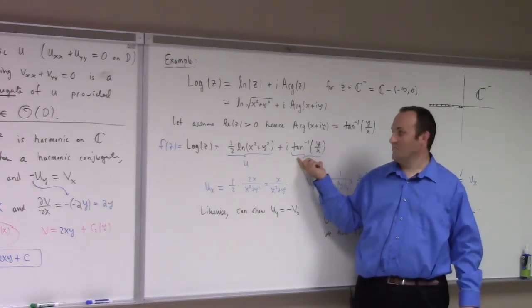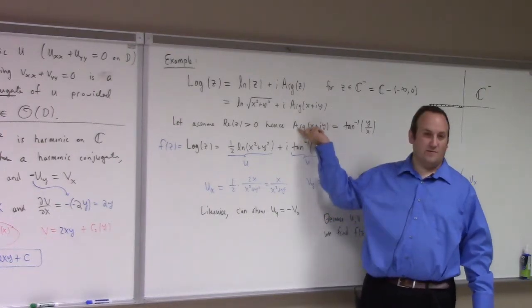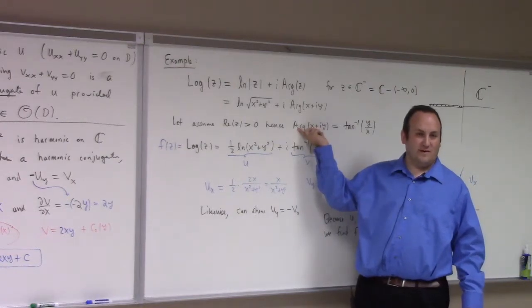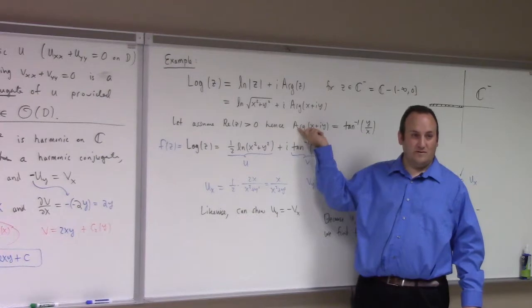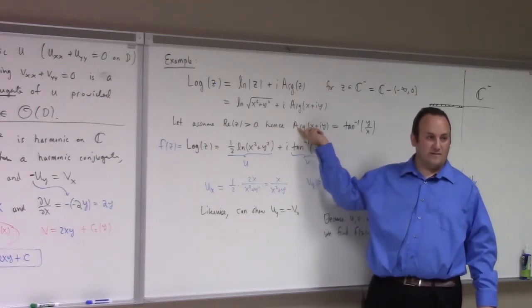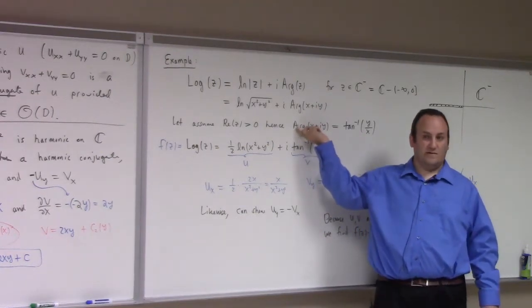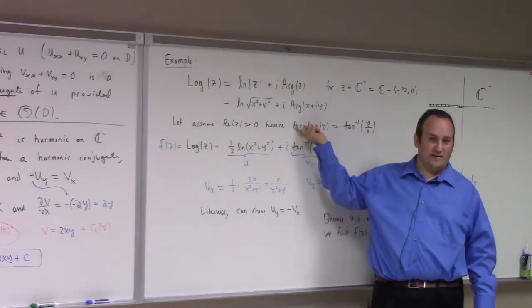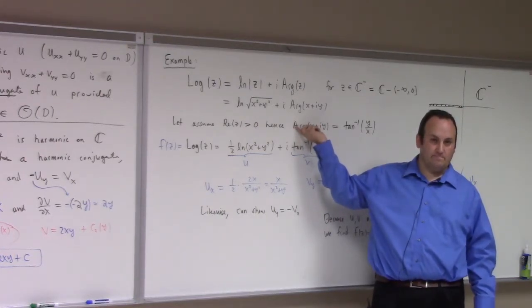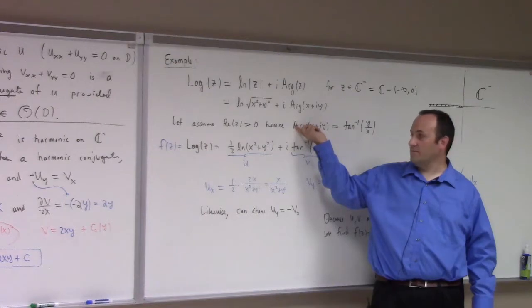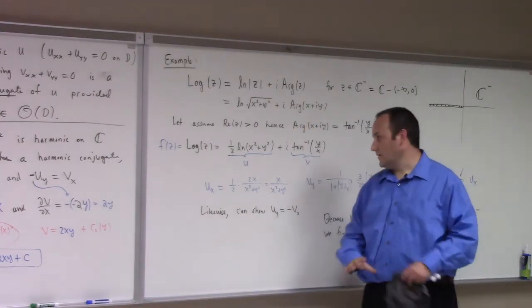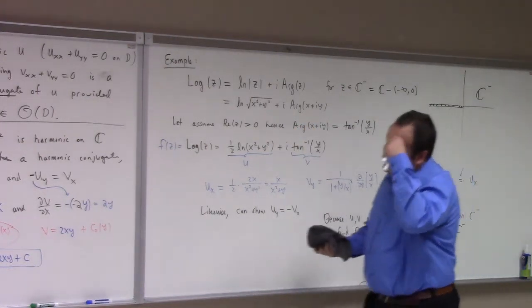So I should really say argument of x plus iy. Argument of x plus iy is a nice notation for the whole domain except for the deleted axis, right? So that's our notation for the extension of an inverse tangent to the other quadrants as appropriate, according to the standard angle. Anyway, so there's that.